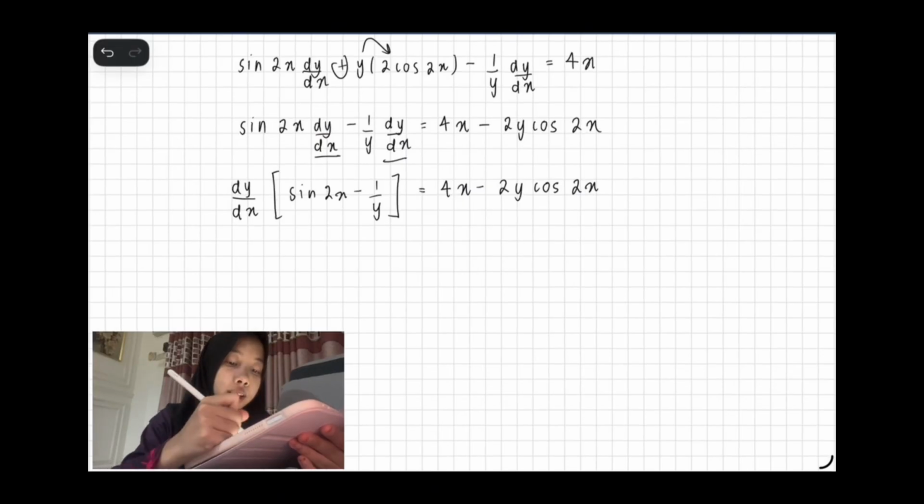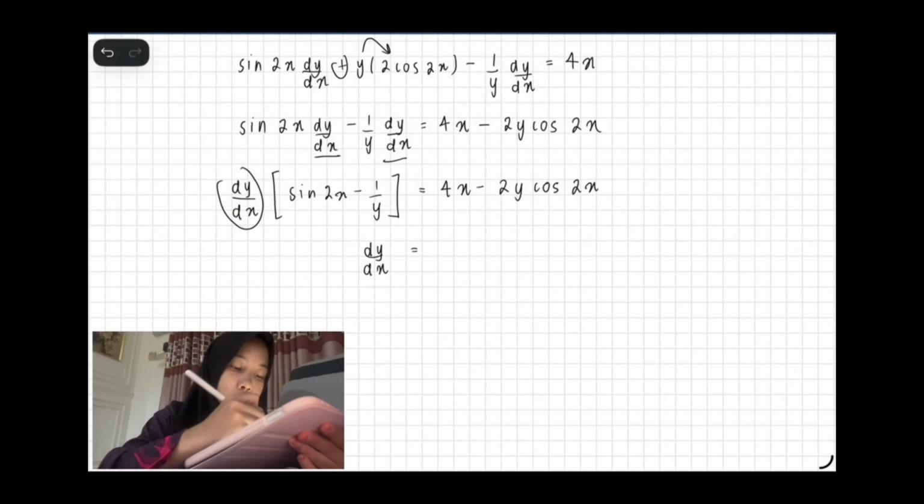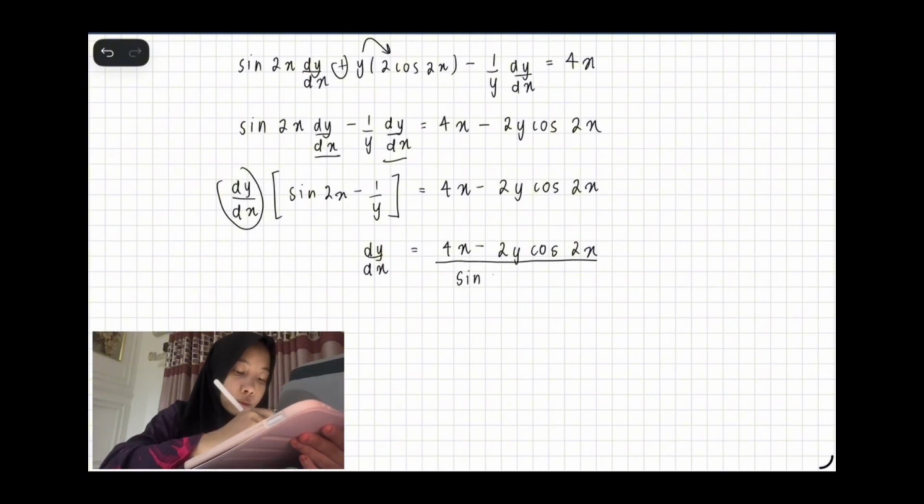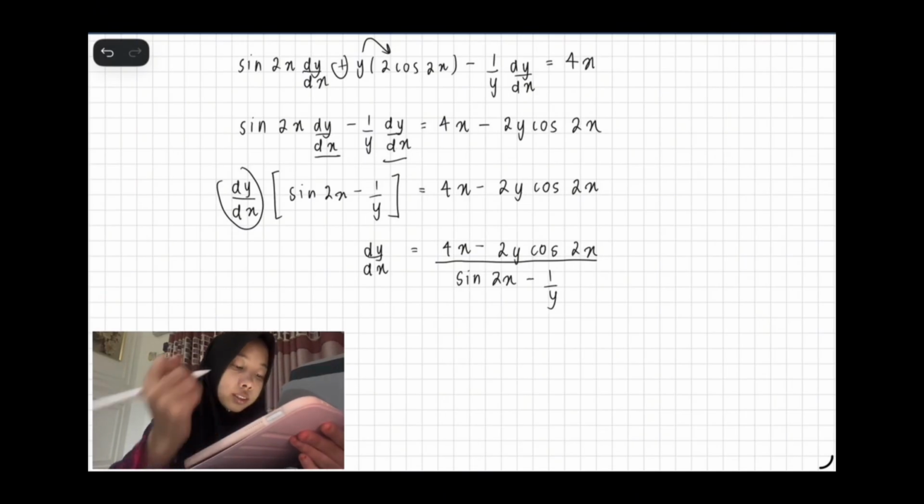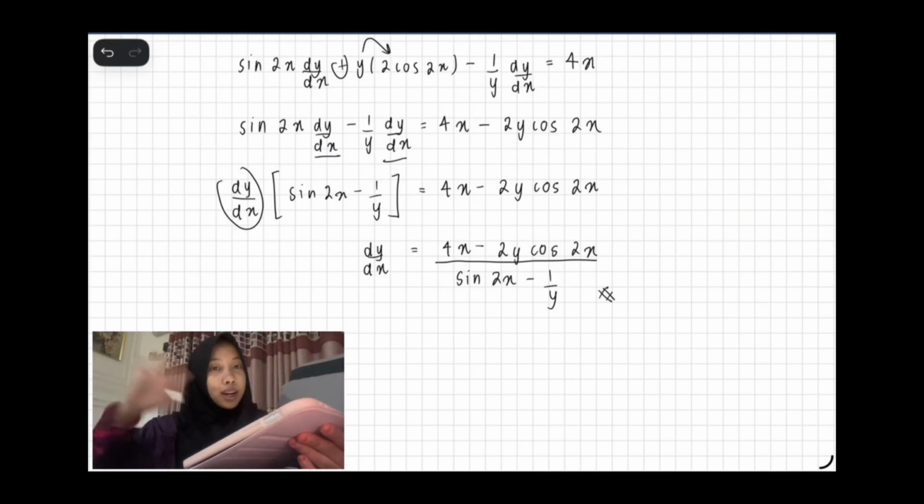Then make dy/dx the subject, so dy/dx equals (4x minus 2y cos 2x) over (sin 2x minus 1 over y). So this is the answer. That's all. Thank you. Bye.